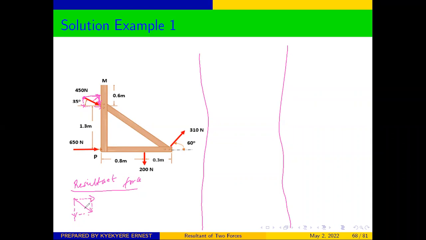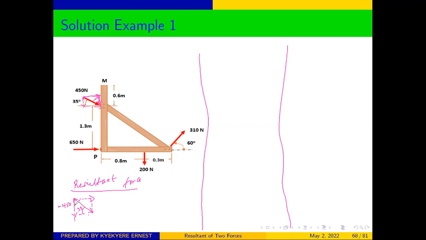If we draw that diagram, and we are told that the angle here is 35. Therefore, we can say that our Y component, look at it, if we want to move from this point to that point, we'll be coming down on the Y. So our Y component is going to be negative, the force there is 450, so negative 450.